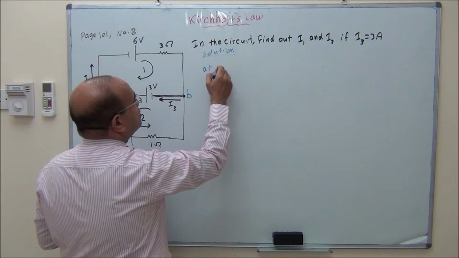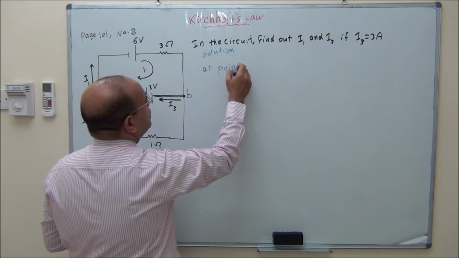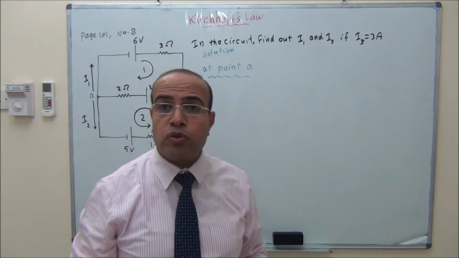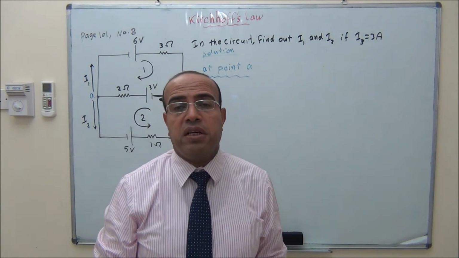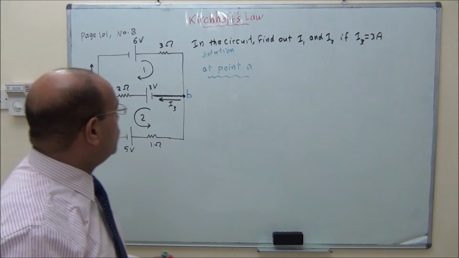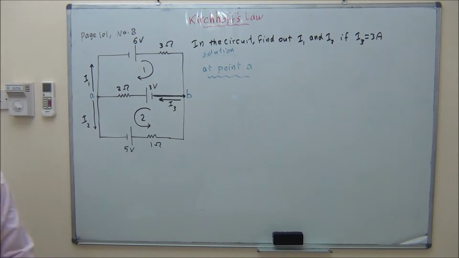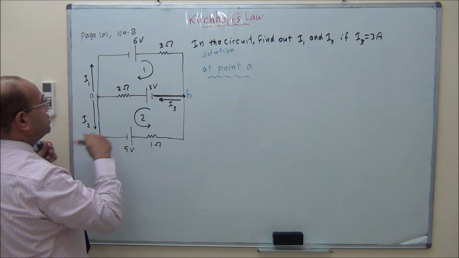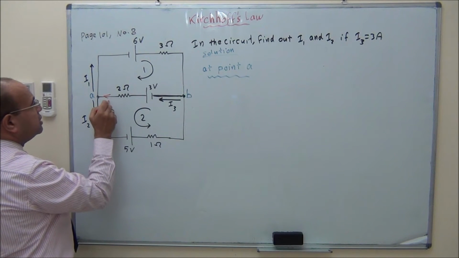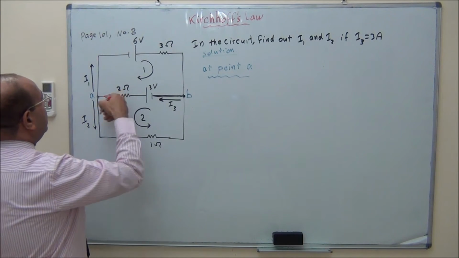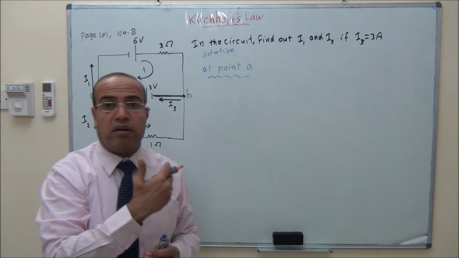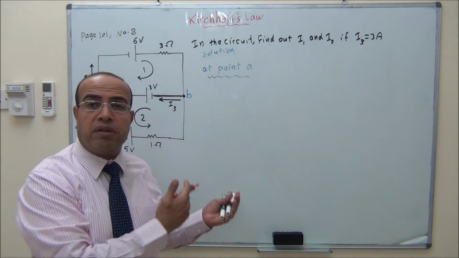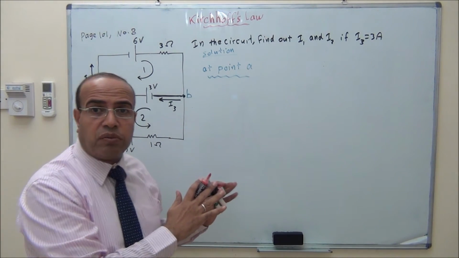At the point A, we apply Kirchhoff's first law: the sum of currents in equals the sum of currents out. What about the currents in and out? This is I3, this is the direction of I3, so I3 is in. These directions are given, so we don't assume them, this is given in the question.